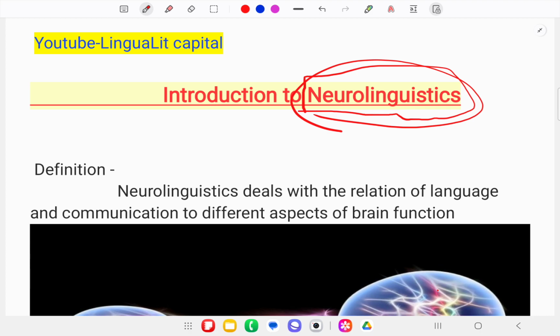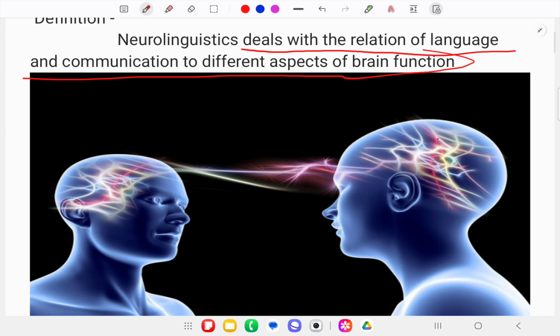Or here we have another definition of neurolinguistics, which is that it deals with the relation of language and communication to different aspects of brain function. What does this mean? When a person speaks something, in a general way we only say that he is able to produce language.